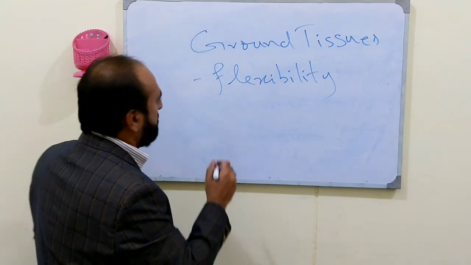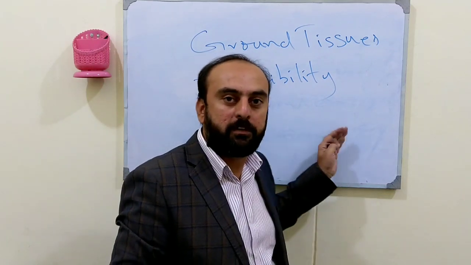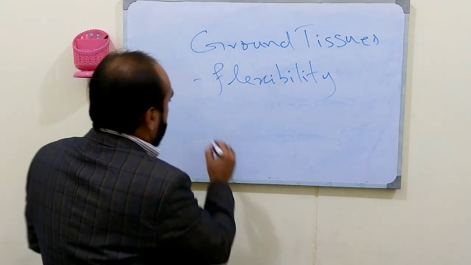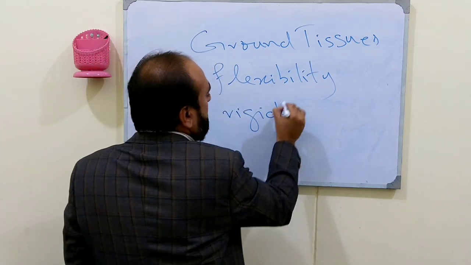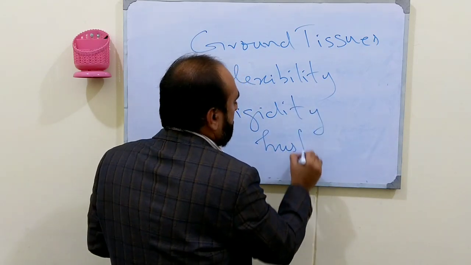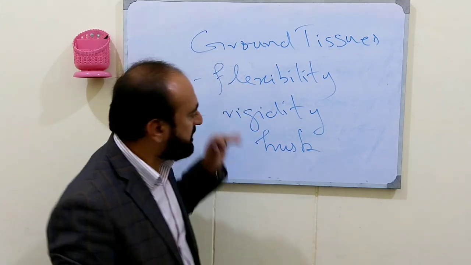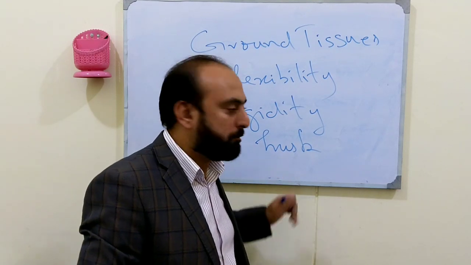And in addition to giving flexibility to the stem of herbaceous plants or leaves or petals, they also give toughness or rigidity to certain parts like the husk of coconut or peanut. So they give flexibility as well as rigidity to the plant.